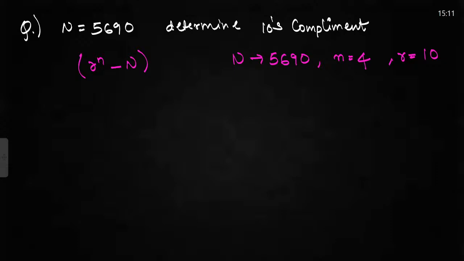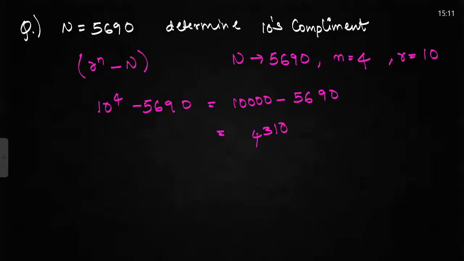So 10 power 4 minus 5690, simply that is 10,000 minus 5690. That will give me 4310. So that is my R's complement.